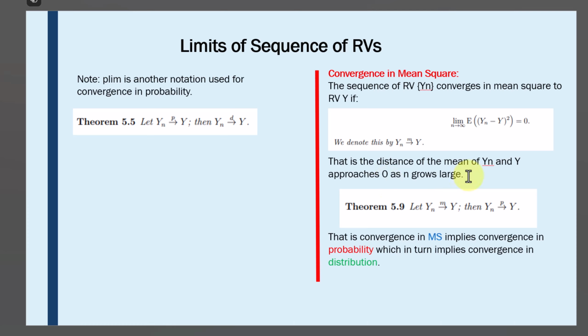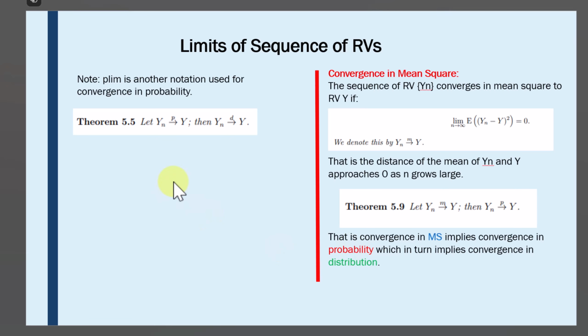That's the basic idea. If a sequence of random variables converges to Y in mean square, this implies that the sequence also converges to Y in probability. That means convergence in mean square automatically implies convergence in probability.